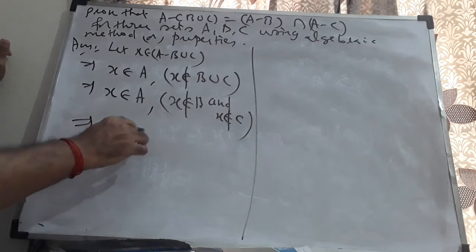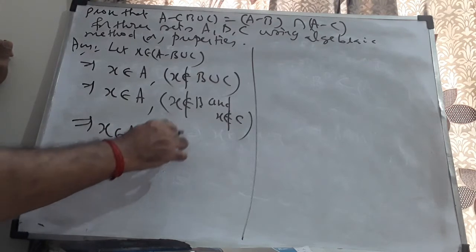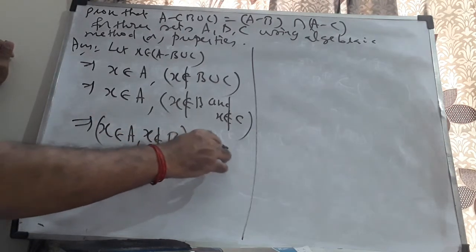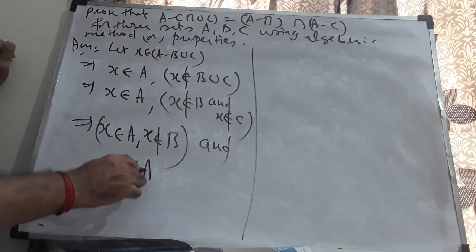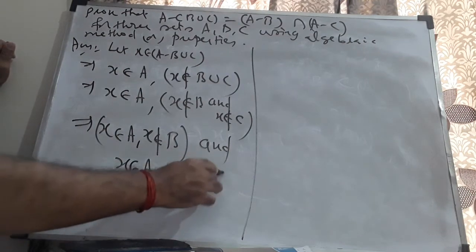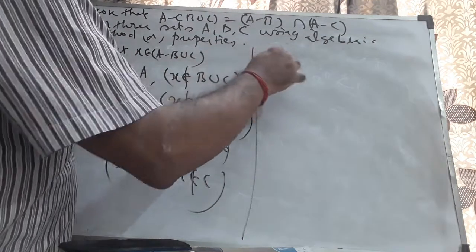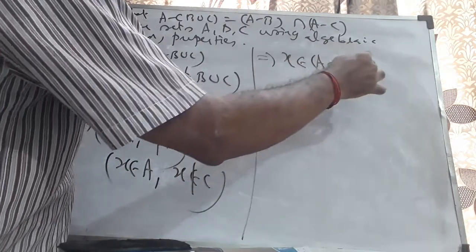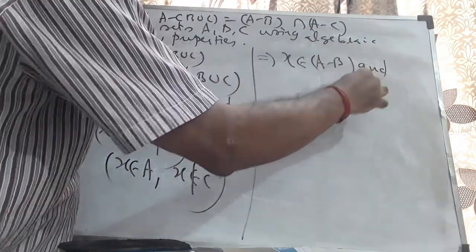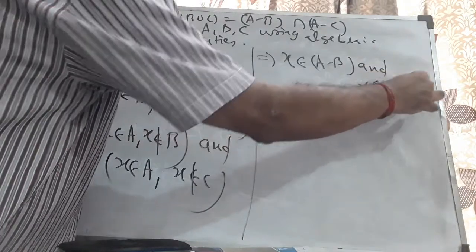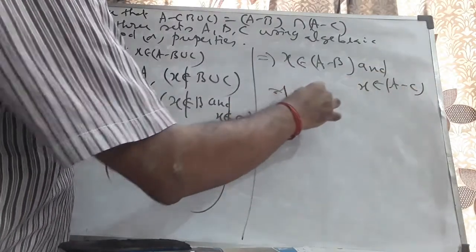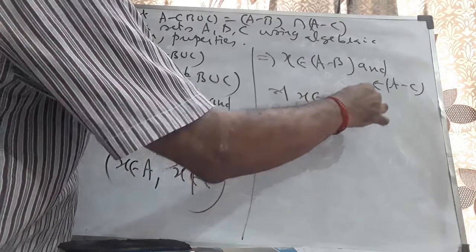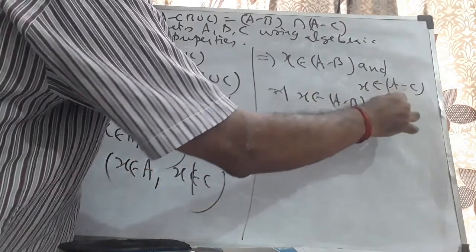I can make it into two cases, namely X in A, X not in B, and X in A, X not in C, which will automatically imply X element of A minus B and X element of A minus C, which implies X element of A minus B intersection A minus C.